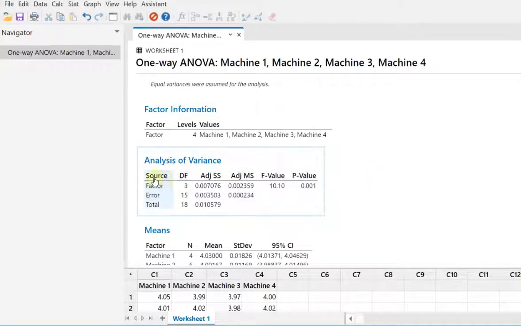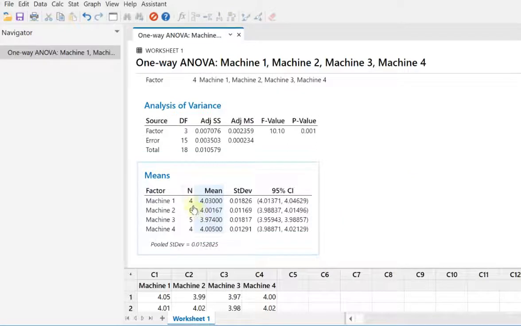So the source here, remember, these are sources of variability in the data. The total variation in all of those 19, DF stands for degrees of freedom. Because there are 19, let me scroll down a little bit. You see the sample sizes when you add machine 1, 2, 3, 4? Individual sample sizes 4 and 6, 10, 15 and 4, 19.